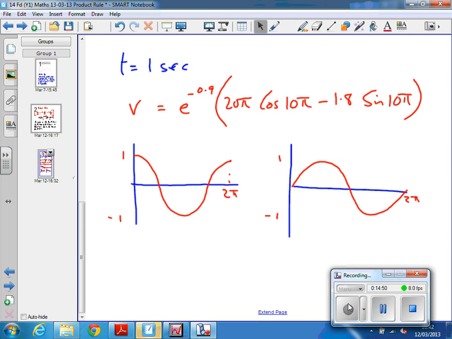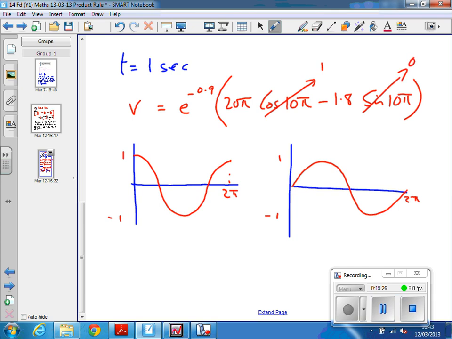What is the cosine of 2 pi? 1. So what's the cosine of 10 pi? Because it's periodic, it carries on like this. 2 pi, 4 pi, 6 pi, 8 pi, 10 pi, they're all 1. So that becomes 1. What is the sine of 10 pi? 0. So that's gone.